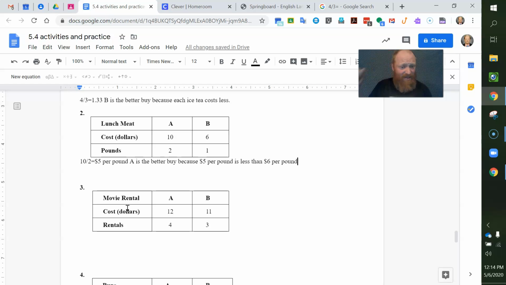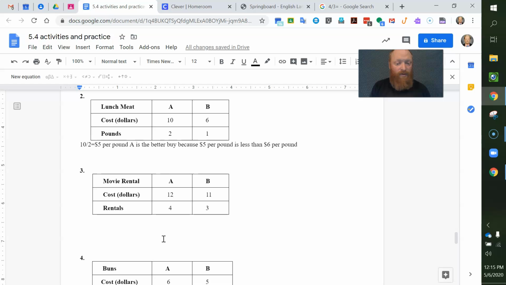Movie rental. Cost in dollars, $12 for 4 rentals, or $11 for 3 rentals. Well, I know 12 divided by 4 is 3, so A is equal to $3. And I know that 12 divided by 3 is equal to 4, so this is almost 12, so this is going to be almost $4.